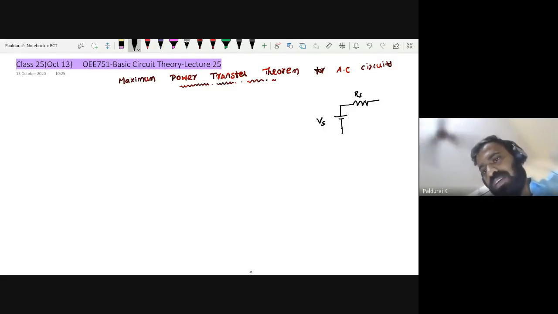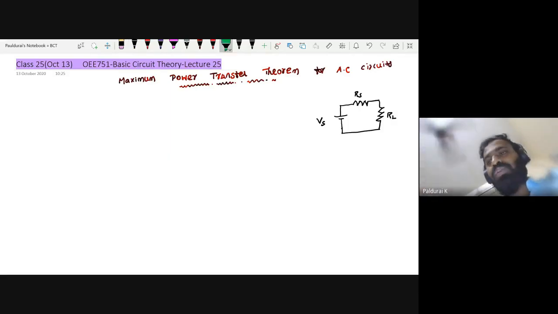I am connecting some load here, RL. When will maximum power be transferred to this load?